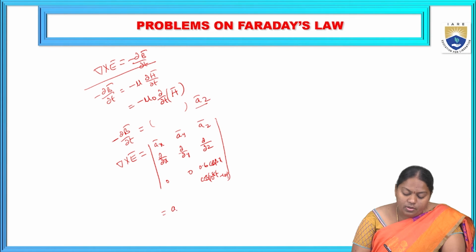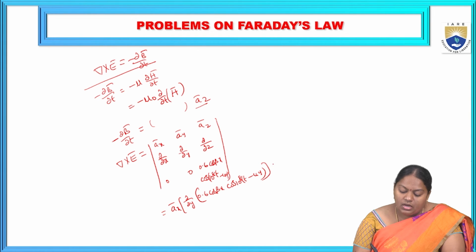Now upon expanding this, ax bar into ∂/∂y of 0.6 cos βx into cos(10^8 t − 4y), and the second term becomes 0.